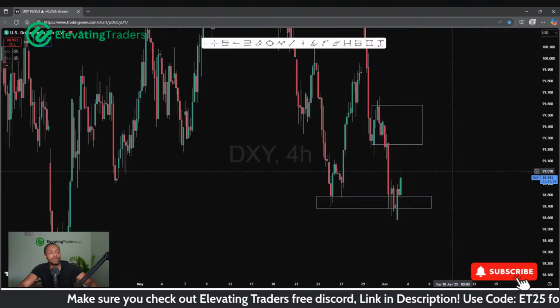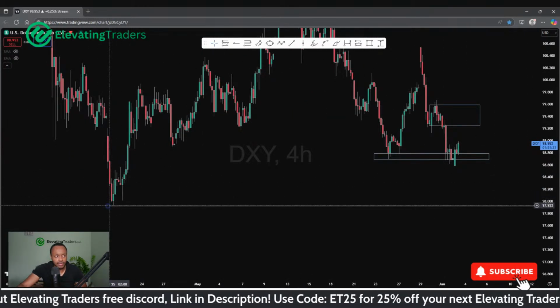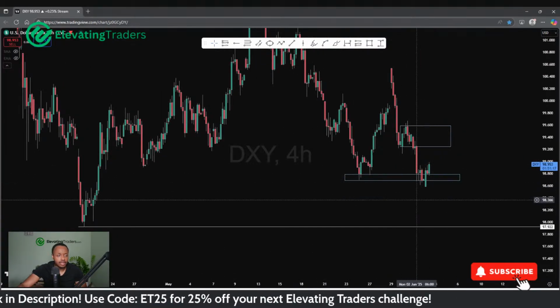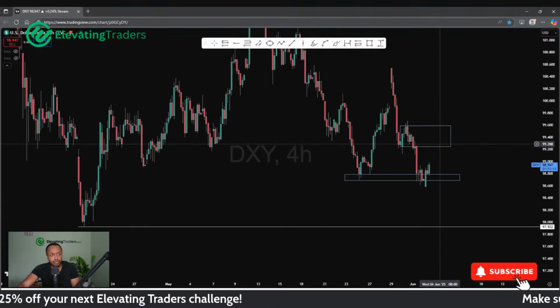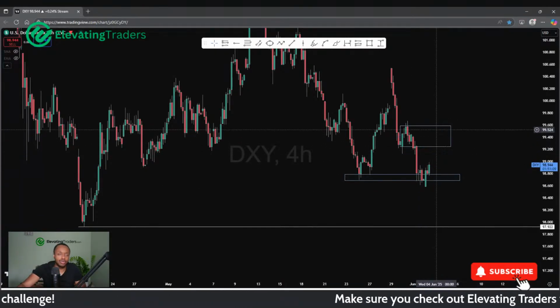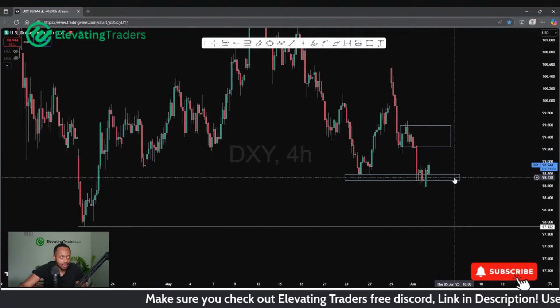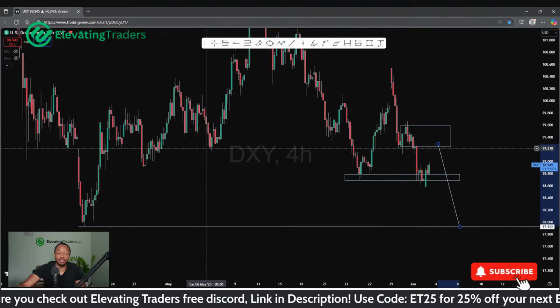I do think it will be in the short term though, because as I've just mentioned, I do expect this to be the bigger move for the US dollar. But for now, we are finding support, so I wouldn't be looking for shorts just yet. If we could push higher, find resistance, maybe around 99.4, that could present some nice shorting opportunities, especially intraday, to swing it back into support, and then hopefully back into the swing low at 98.